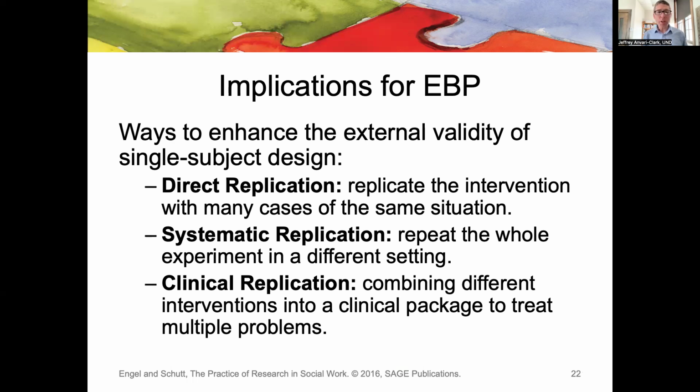Now, there are different ways to enhance how we do this, especially when we're talking about evidence-based practice. And so we can replicate this intervention with many instances of the same situation. For instance, people who came to me were almost always women, and they always had children in the school, and they were always facing eviction.